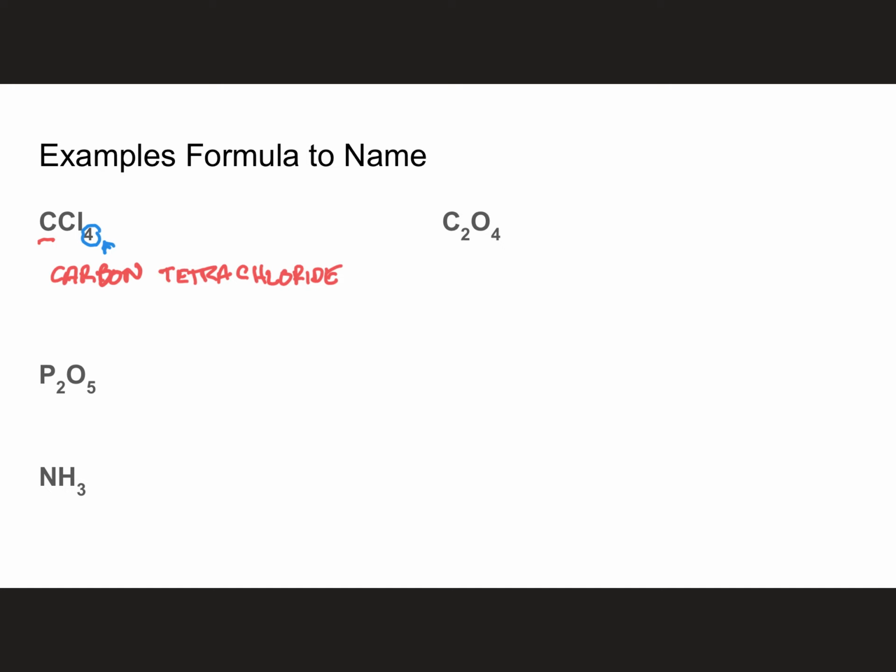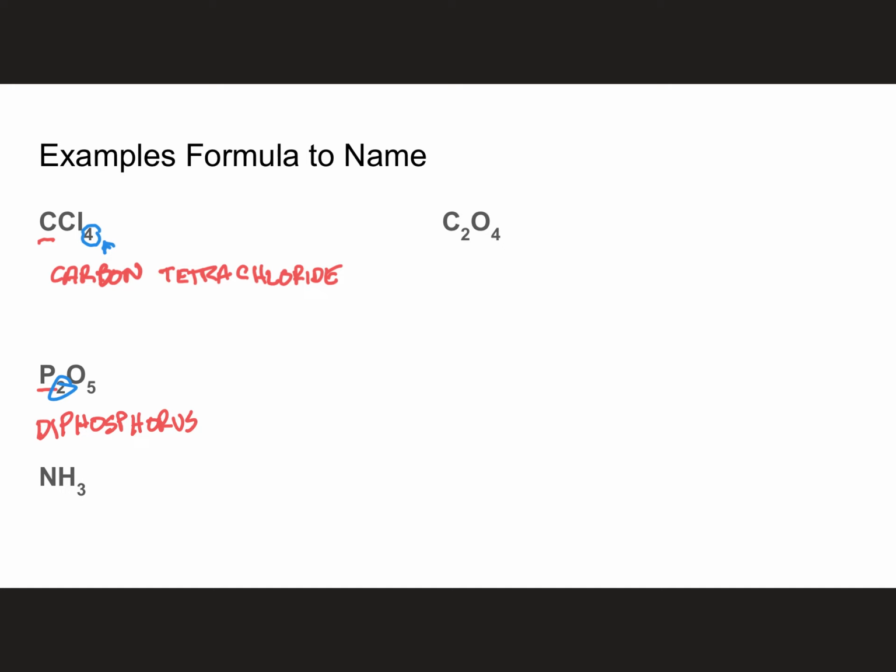Second example, P2O5. So again, we look for the first element, and that would be the P. And so we would write phosphorus, the full name as it is listed on the periodic table. And now we see that we have a 2 here. So we have to write the word di in front of the phosphorus.